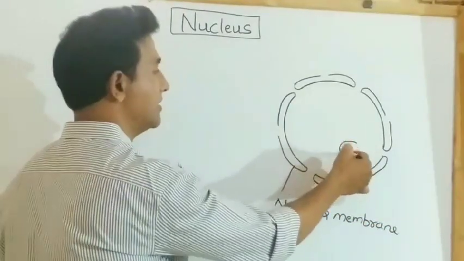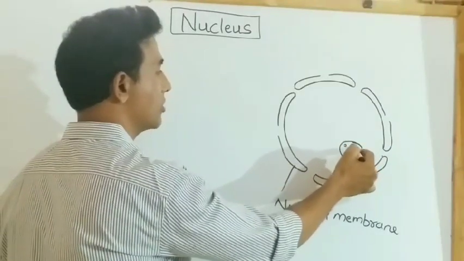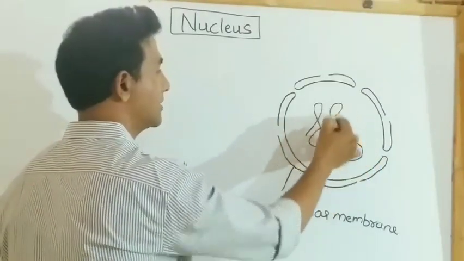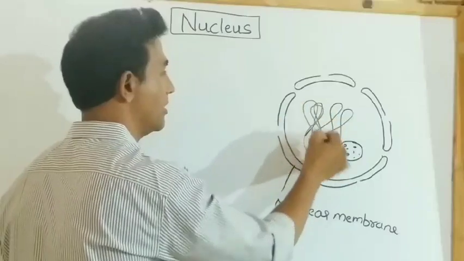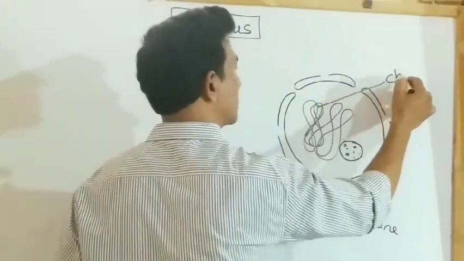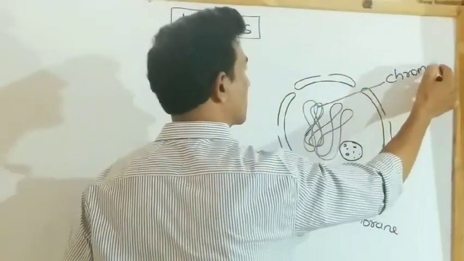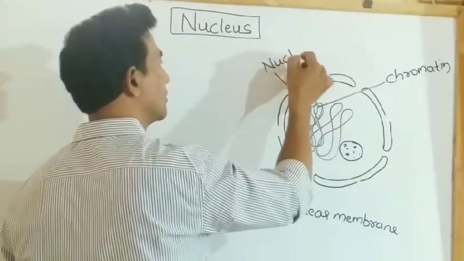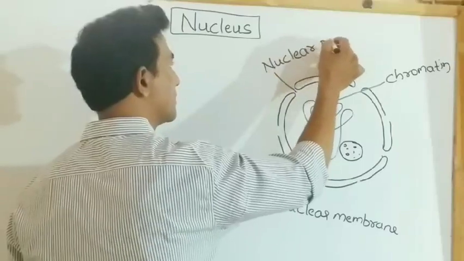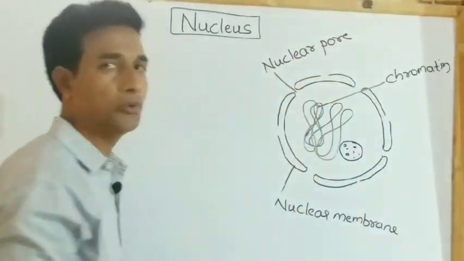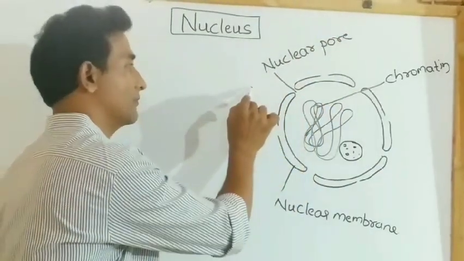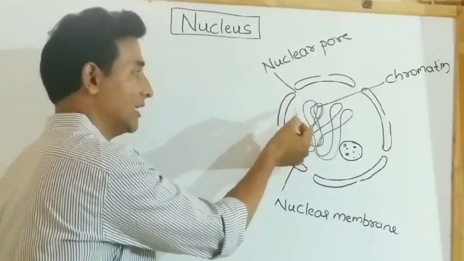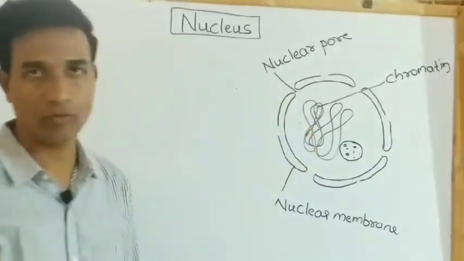You can also find a structure called the nucleolus, and there is a thread-like structure called chromatin. And this is the nuclear pore, which allows material to pass from the cytoplasm to inside the nucleus, and from the nucleus to the cytoplasm.